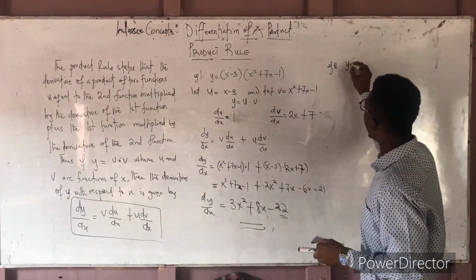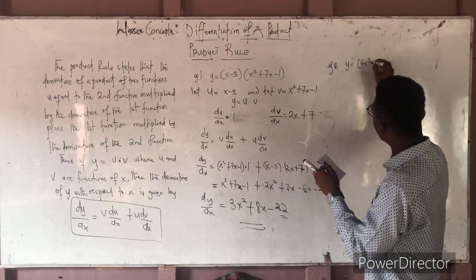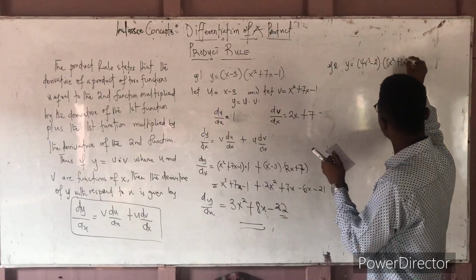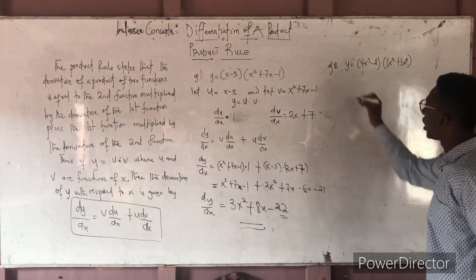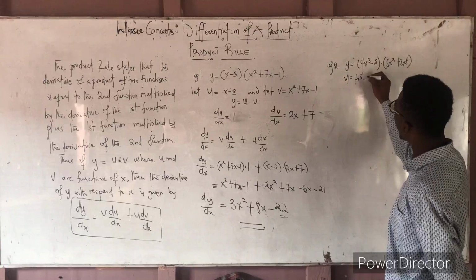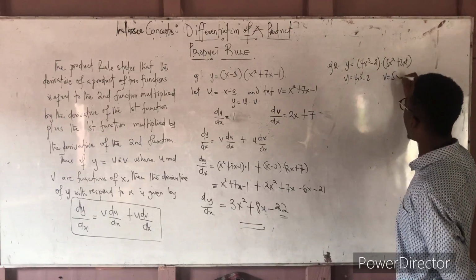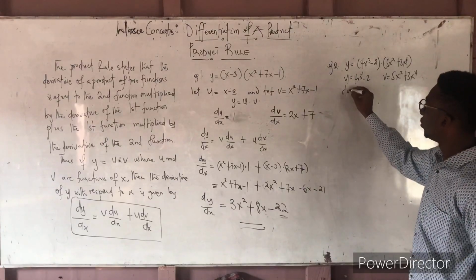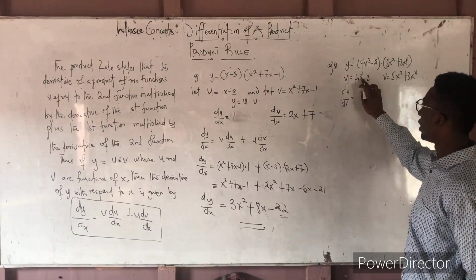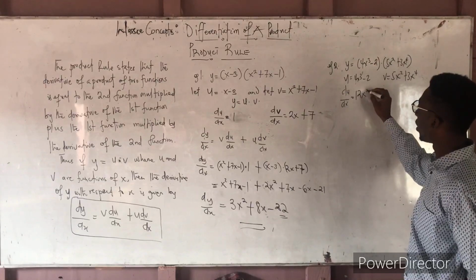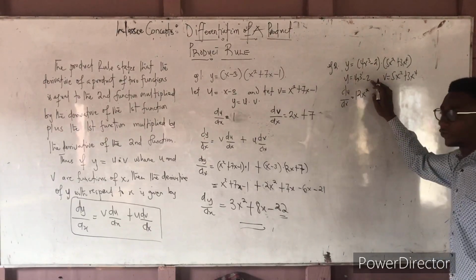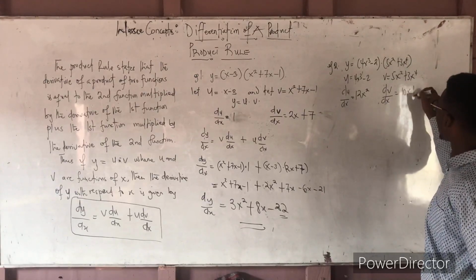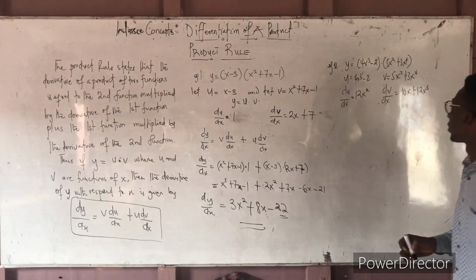Okay, so y is equal to 4x cubed minus 2 multiplying 5x squared plus 3x exponent 4. As usual, you take u equal to 4x cubed minus 2 and v equal to 5x squared plus 3x exponent 4. So you find du/dx, which will give you 12x squared, since differentiating the constant is 0. And dv/dx is equal to 10x plus 12x exponent 3.